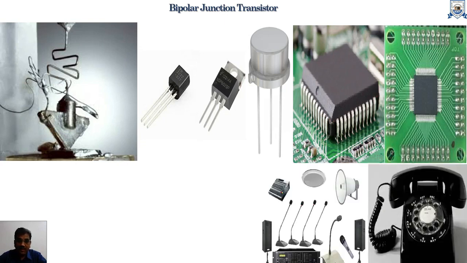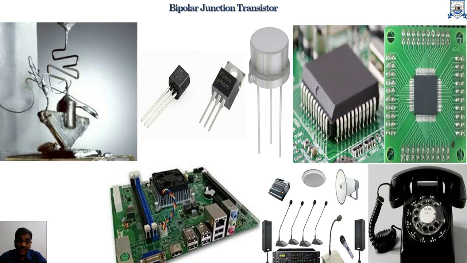This is the image of analog electronic equipment in which the BJT acts as an amplifier. This is an image of the central processing unit, also known as the heart of the computer system. In a CPU, a lot of integrated circuits are integrated and interconnected. Again, in an IC, the bipolar junction transistor plays the major role.